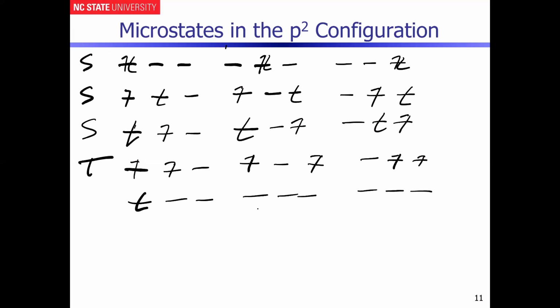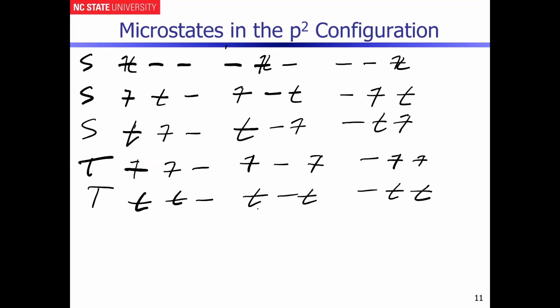Now I'm just going to reverse this and do everything spin down. You can see how easy this is to write out by hand when you're just thinking about how to put these 2 electrons in these configurations, and no 2 electrons can have the same quantum numbers. So this is what I have.